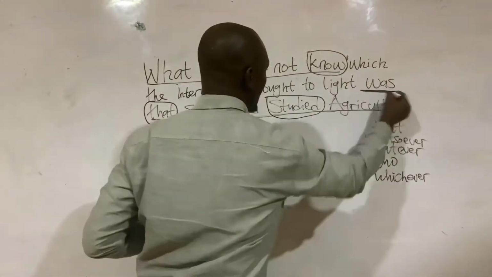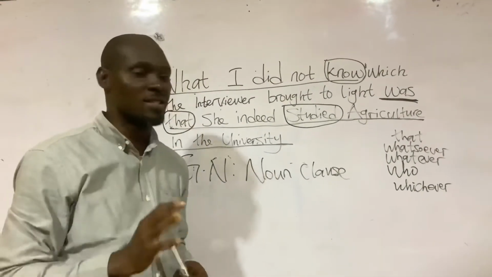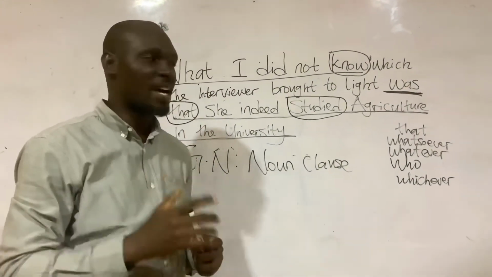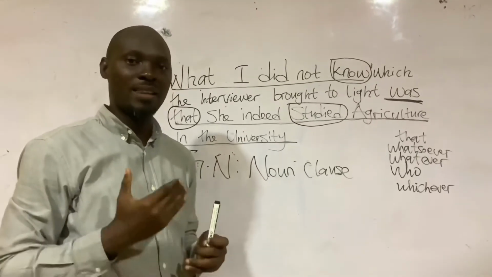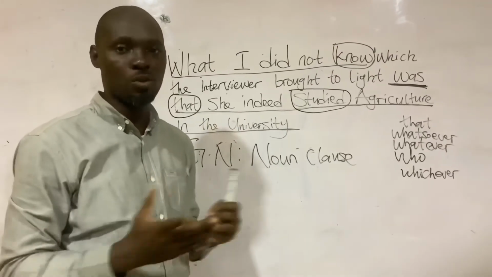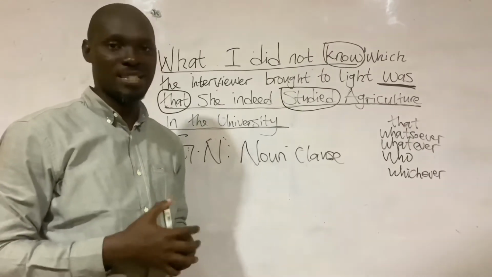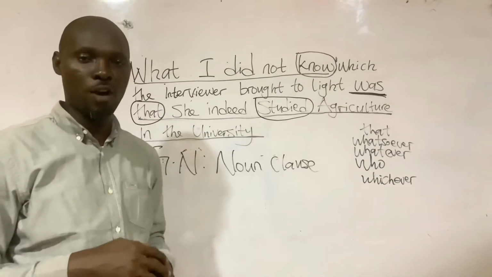It is always preceded by what? A verb. But for relative clauses, they are always preceded by a noun or a pronoun. Can I repeat that? They are always preceded by a noun or a pronoun. So with this, you should be able to easily identify or differentiate between a noun clause and a relative clause.